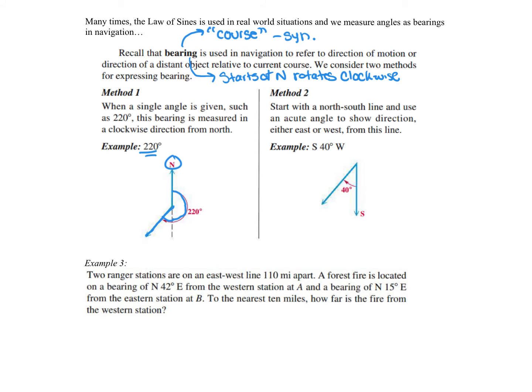Another way to say this exact same thing is to look at just from right here to here. This is called south. This was 40 degrees towards west, which is what we have written over here. So you start at the first letter, the first direction, north, south, east, west. This one said start at south, go this distance, 40 degrees, towards the other letter, resulting in the exact same location. So that's bearings in a nutshell.